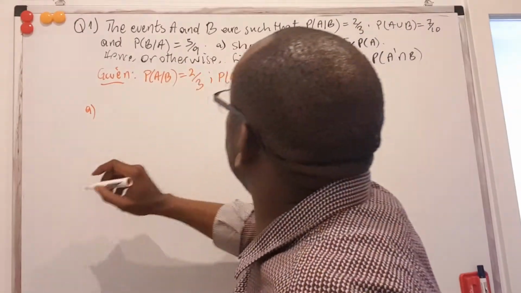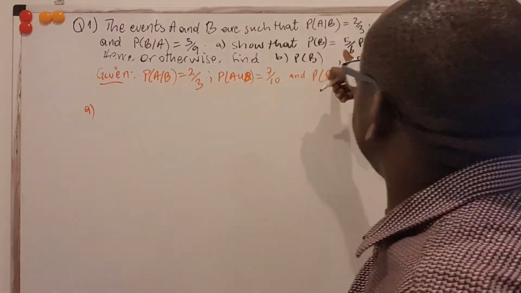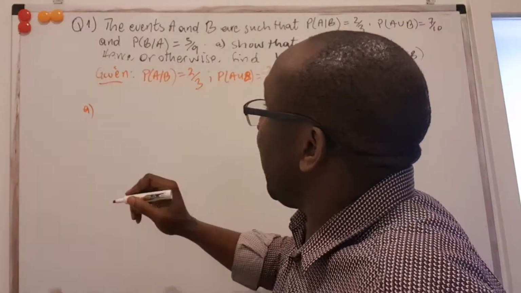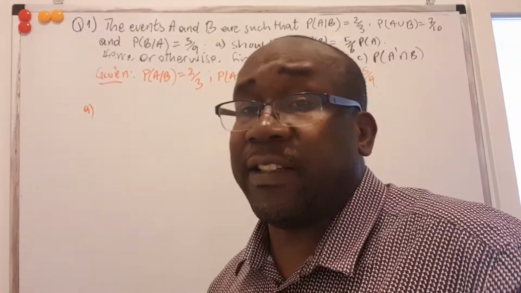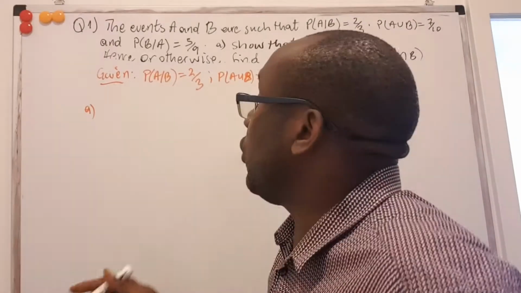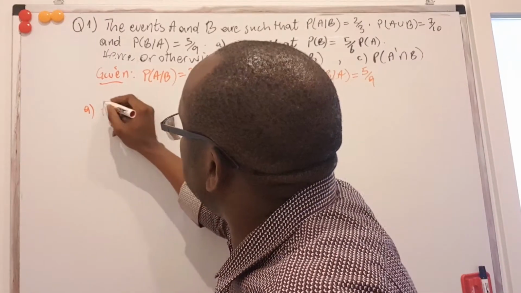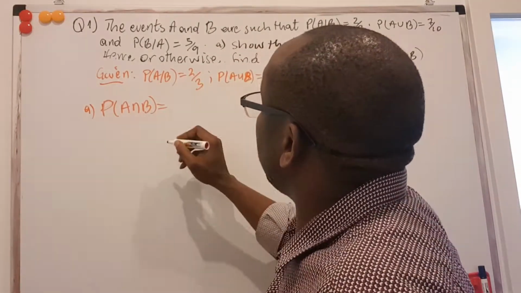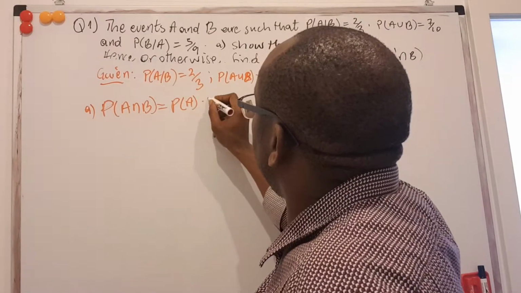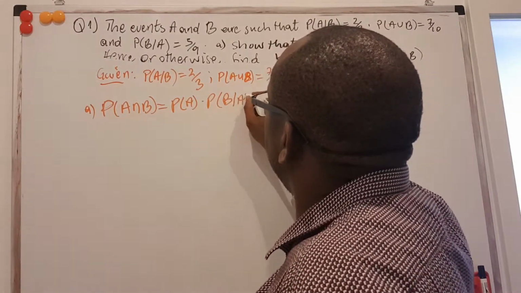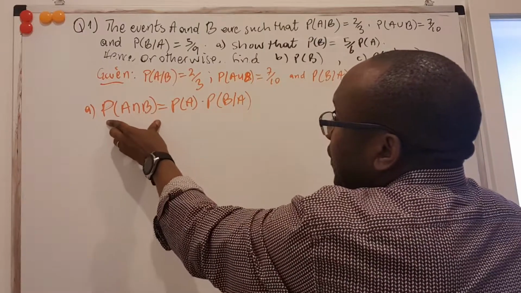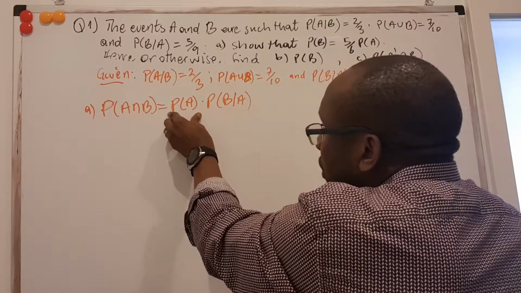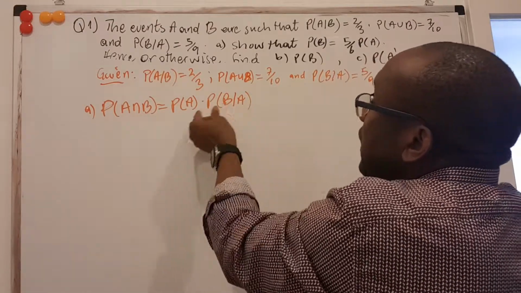So the first part is, we show that P of B is equal to 5/6 P of A. I would go back to our technique of what we indicated here. At the advanced level, we would use the terminology compound probability, so that the probability of A intersection B, we agreed, is P of A multiplied by P of B given A. I indicated that the probability of the event A and B occurring is the probability of the event A occurring multiplied by the probability of B given that A has occurred.